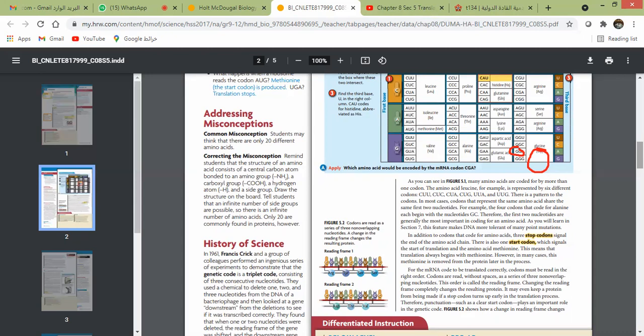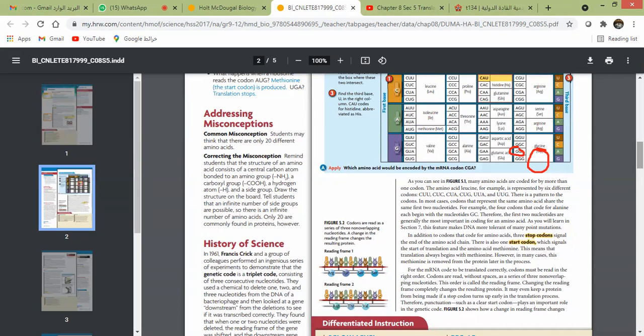When the ribosome wants to make the protein, the mRNA comes and this ribosome wants to translate it, so there must be a start codon and a stop codon to regulate it, so the ribosome knows where to start and where to stop.